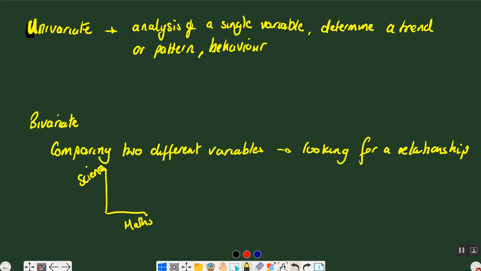So just a single variable, and all we're looking for is whether there is something happening. Like you said, if you're collecting money, has the amount of money I've got changed over time? Do I get more money one month compared to another? That kind of thing, right?